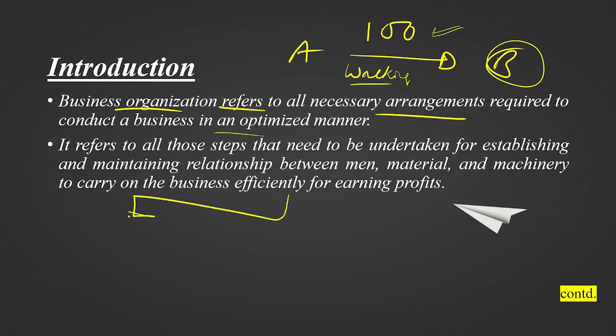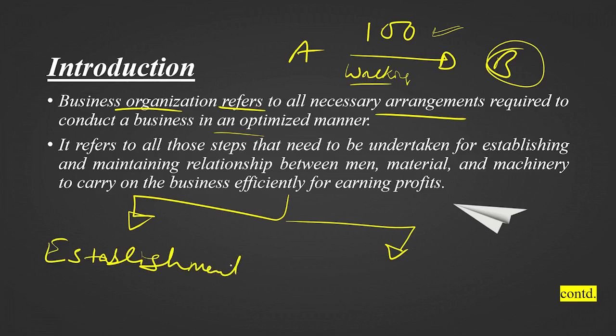So what is very important here is two things you should know. Establishing is the first step, but more important is execution or maintaining the business. We need to have the relationship between men, material and machinery to carry on business efficiently for earning profits.